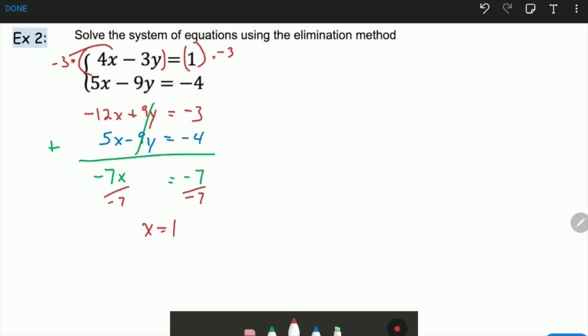We're not done though, so we still need to figure out what the y is, so we need to take one of our equations and solve for y. I'm just going to use the first one. I'll replace x with 1. Or, sorry, the second one there. I'm going to replace x with 1. Five times 1 is 5.